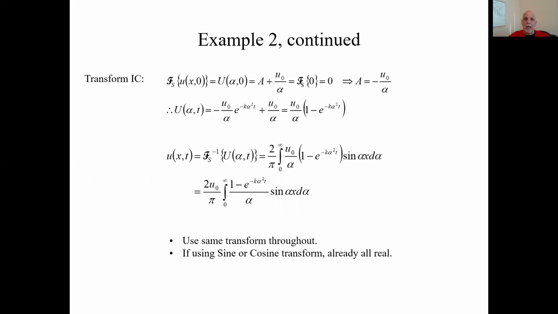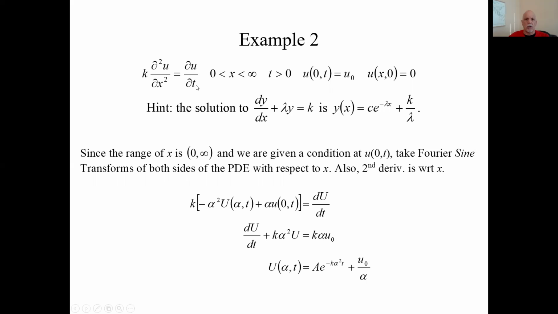Now we have to find big A. We also have to transform the initial condition. When t is 0, what were we given? We like to use 0 conditions when we can. So when t is 0, big U, where we also plug in 0 for t, needs to be 0.